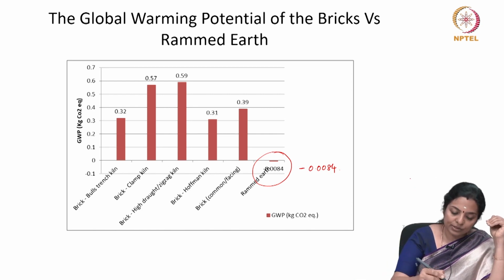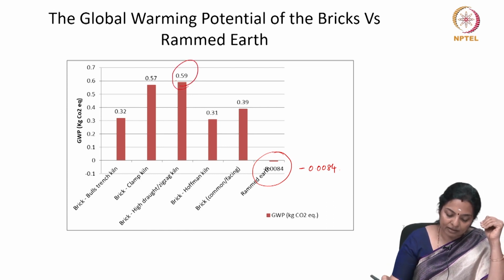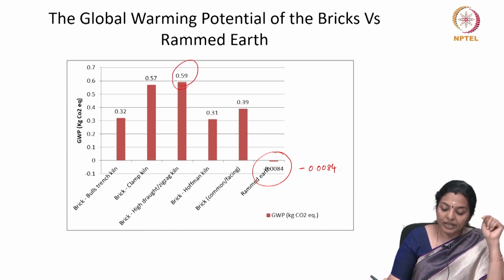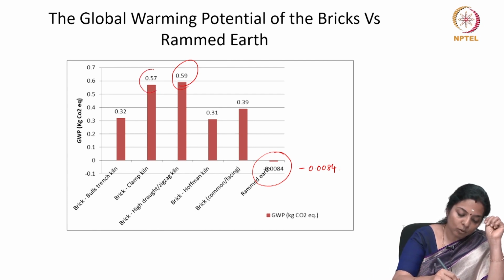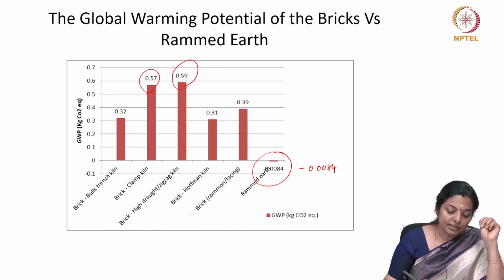While the brick made with the hydrot zigzag kiln is very high, at 0.59 kg carbon dioxide equivalent, and the brick kiln has a global warming potential of 0.57 kilogram carbon dioxide equivalent.